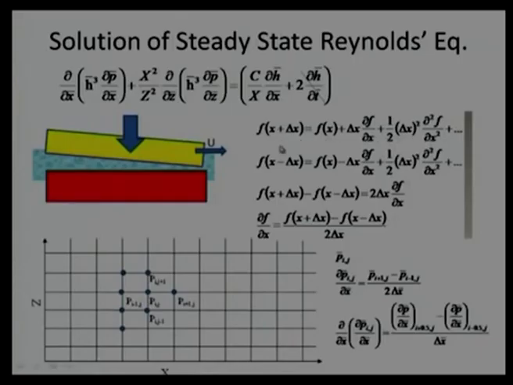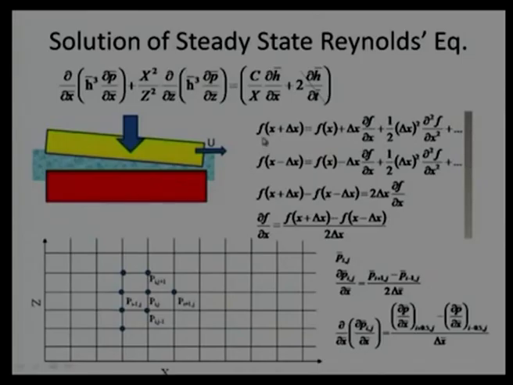Similarly, when we take a slight difference in negative sign, x minus delta x, that also can be represented as f of x minus delta x, with this gradient of f with respect to x, and this will be the second order term. If we assume this delta x is very small, then higher terms can be neglected.